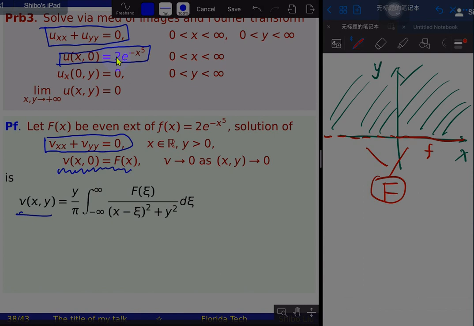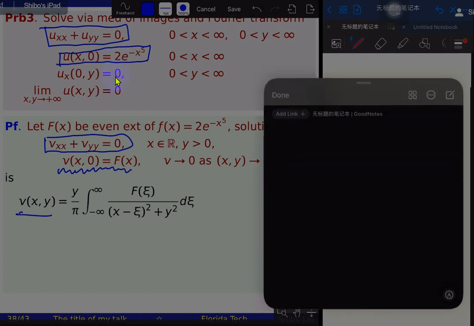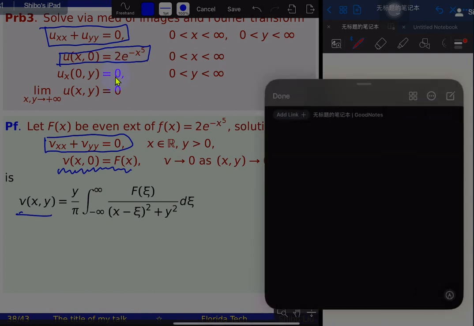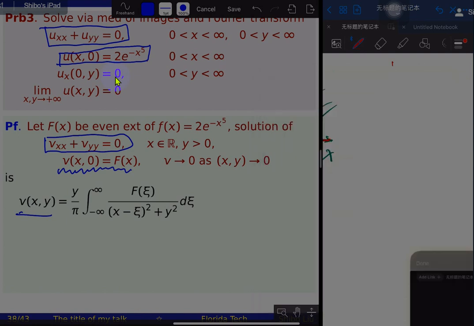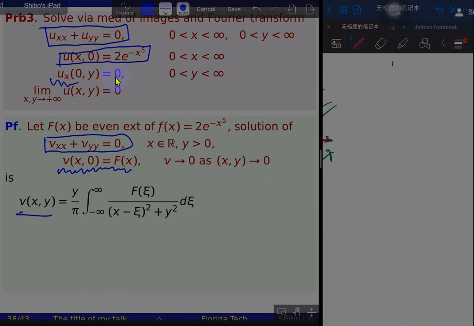We need to check that it also satisfies the third boundary condition. This should be checked. Also, v is expressed in terms of capital F, so we need to replace capital F in terms of small f.